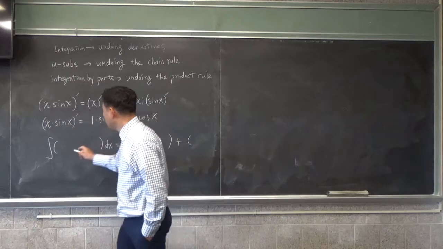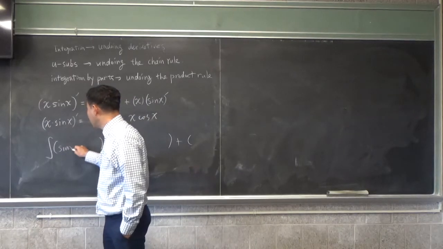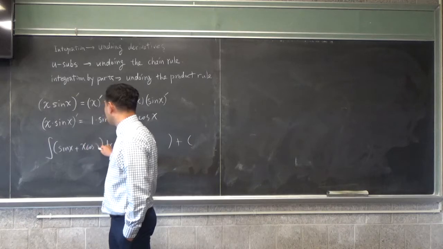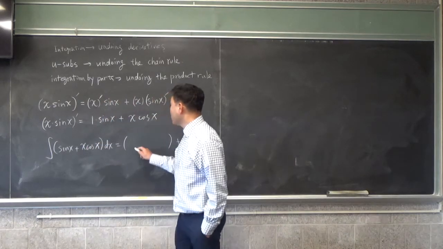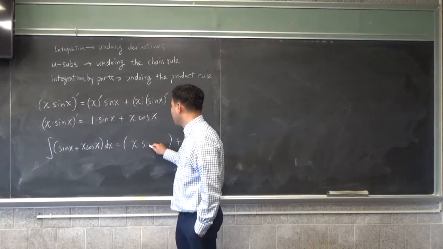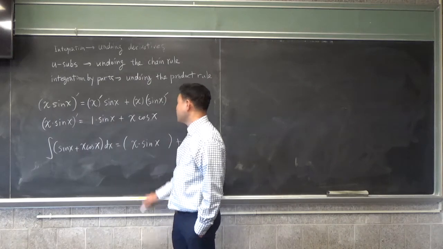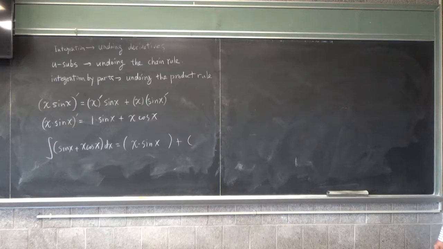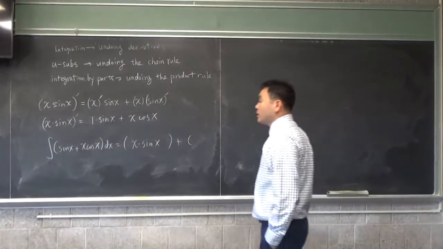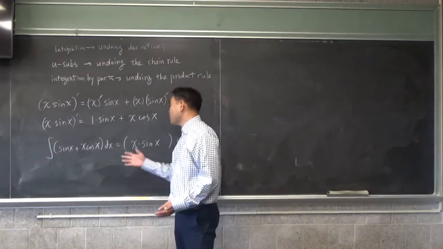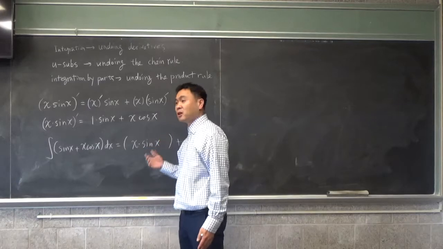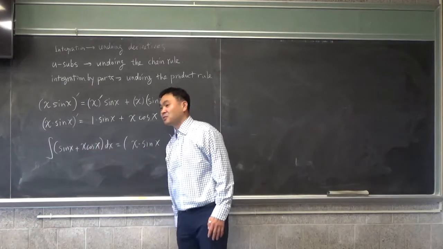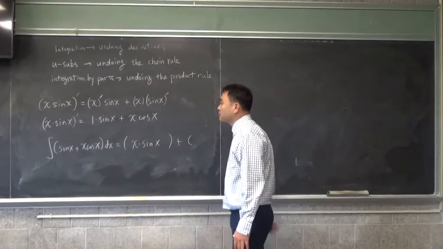So the integral of sine x plus x cosine x equals x times sine x plus c. And in fact, that's how you check whether your answer to the integral is correct or not. Just take the final answer and do the derivatives, check that it's agreeing with the question.